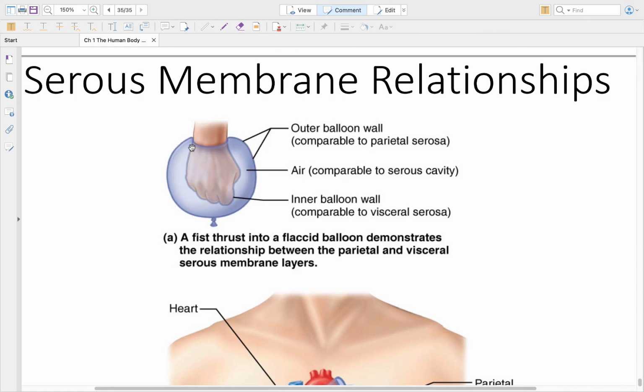The part of the balloon that wraps right around your fist is comparable to the visceral serosa. The air is comparable to the serous cavity, and the outer layer is comparable to the parietal layer.